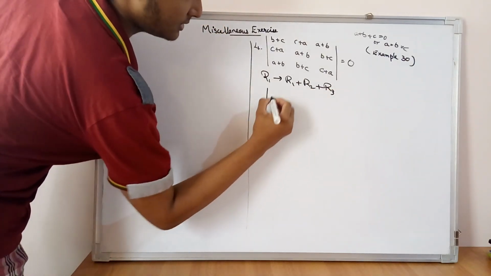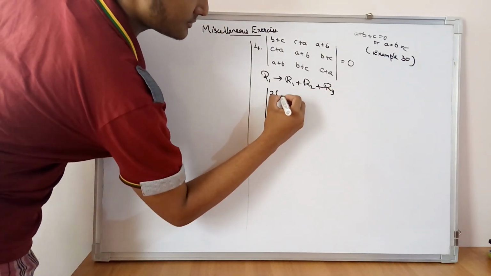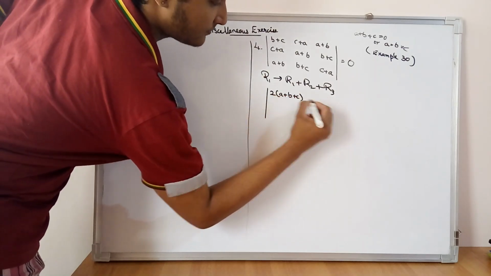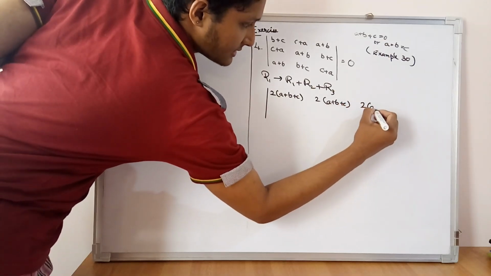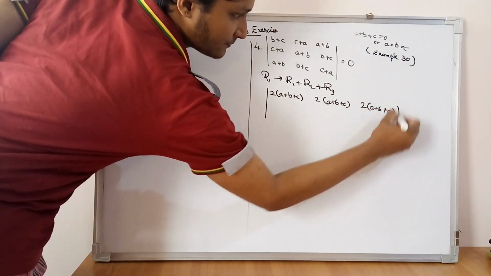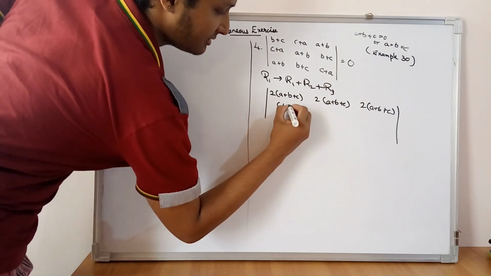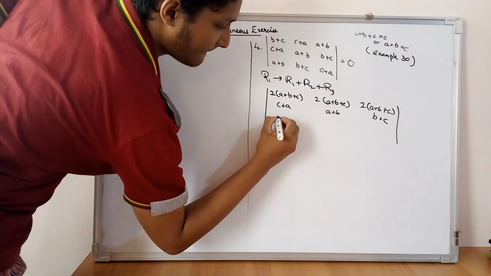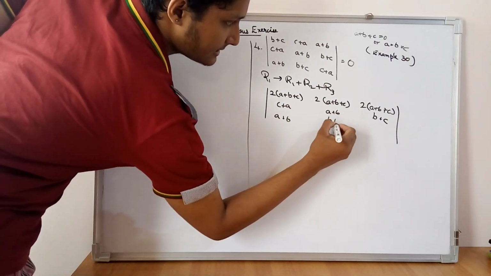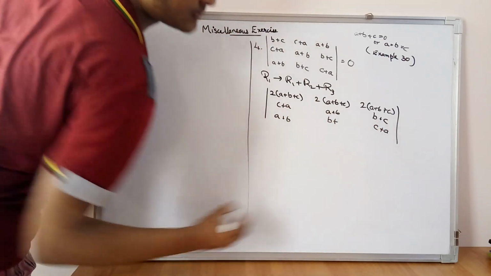So this is going to be 2 times A plus B plus C in each entry. The other rows remain the same: C plus A, A plus B, B plus C, A plus B, B plus C, C plus A.